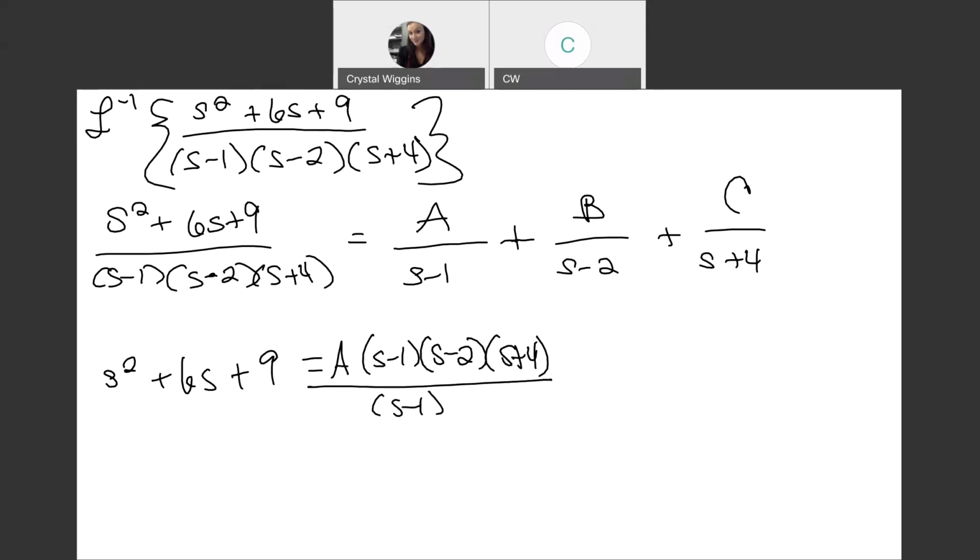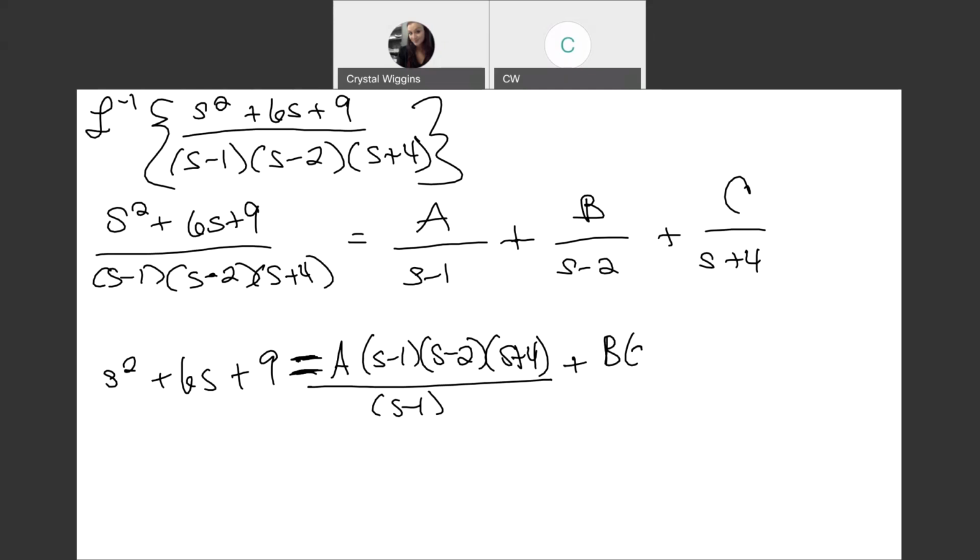Let me write smaller, I'm going to need the room. And notice that the denominator is missing on the left side of the equal sign, but that's because if I multiplied by this whole denominator on the left side, it just cancels the denominator. So that's why we no longer have a denominator on the left side.